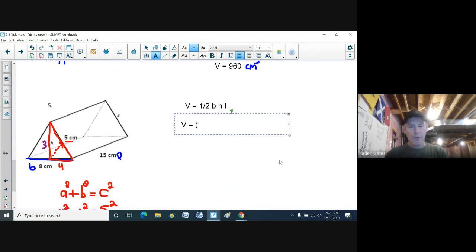Again, 1/2, we've already done that. That's 0.5 as a decimal. My base, now half of the base was 4, but the full base was 8. All right, my height, that's what we just figured out there using the Pythagorean theorem, is 3. And the length, got a lot of numbers on here, 15.